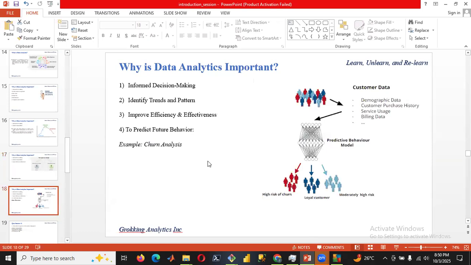Then we have to predict future behavior. Actually, one of the very key factors, in fact, this is the dominant one. Data analytics for everyone is more of like, can you predict this, predict that? One example I'll give you is data scientists. Data scientists are majorly focused on this area of predicting the future. And predicting things is not really like they are doing magic.